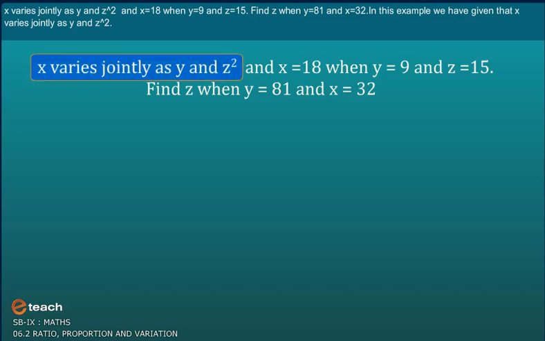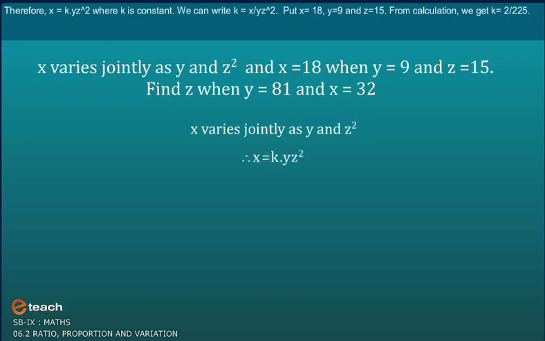In this example, we are given that x varies jointly as y and z square. Therefore, x is equal to k into yz square, where k is a constant. We can write k is equal to x by yz square.